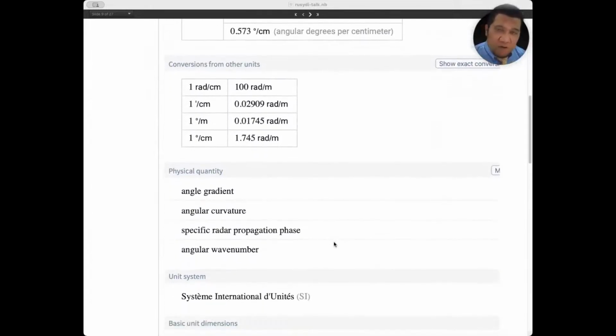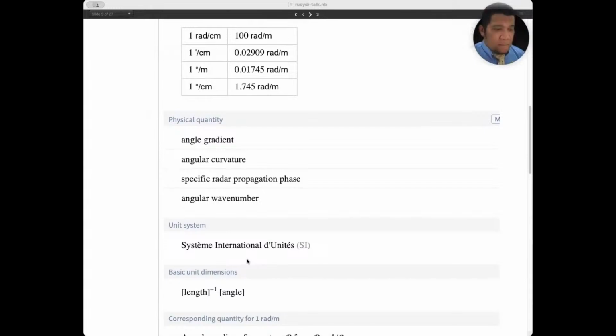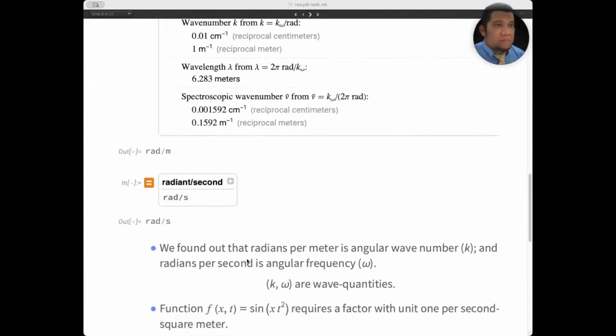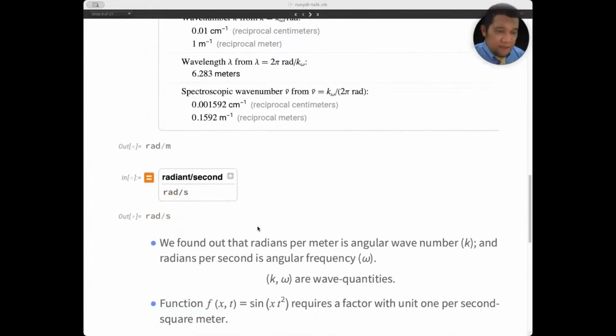Wolfram provides valuable information, but the most relevant one for our context is this, physical quantity. We found out that radians per meter is angular wave number, and radians per second is angular frequency. Both are physical quantities related to waves.